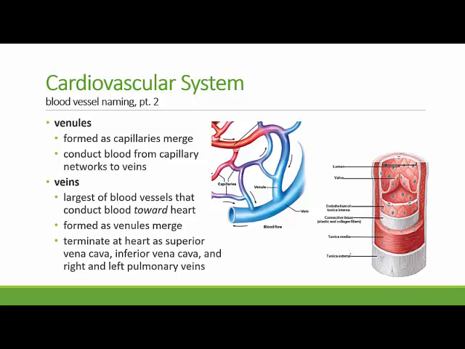And then the inferior vena cava, which drains blood from the legs and from the lower parts of the trunk toward the heart. And then coming from the lungs, we have the right and the left pulmonary veins that are relatively large. They're much smaller than the inferior and superior vena cava, but the pulmonary veins bring blood from the lungs.